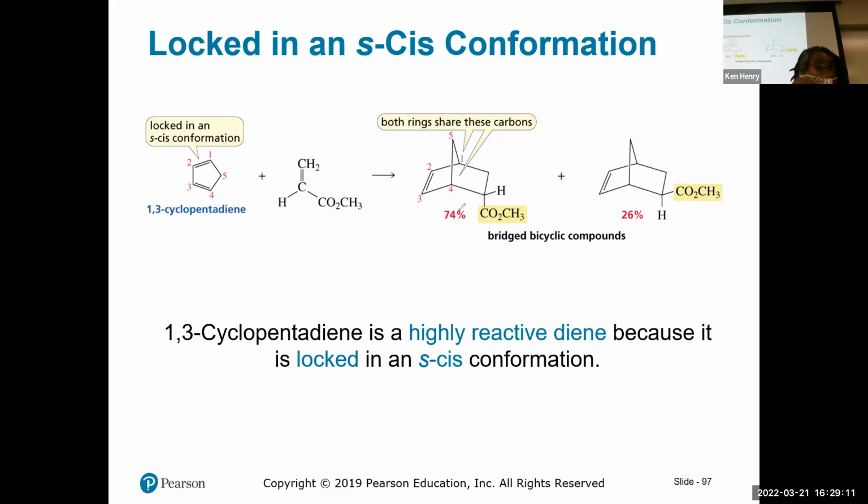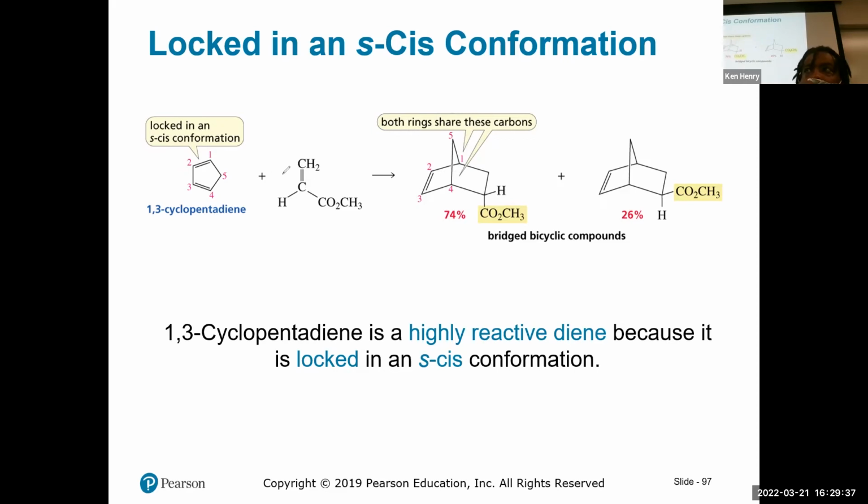Okay, so this guy's going to be locked in the cis formation, right? So this guy's in cis formation. And so if we have this guy, then we're going to have a double bond, and then we're going to have another cyclic ring added on.